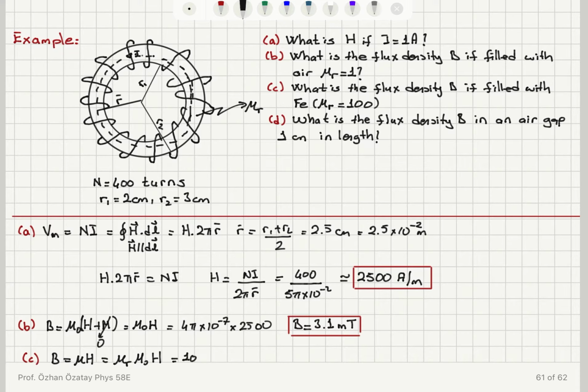So 100, which is the relative permeability, times 3.1 millitesla gives us 310 millitesla. So 100 times higher magnetic induction inside.